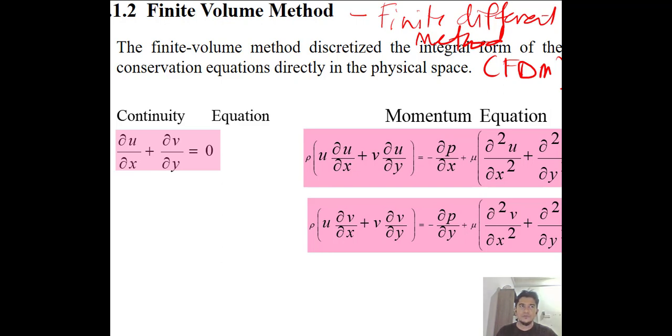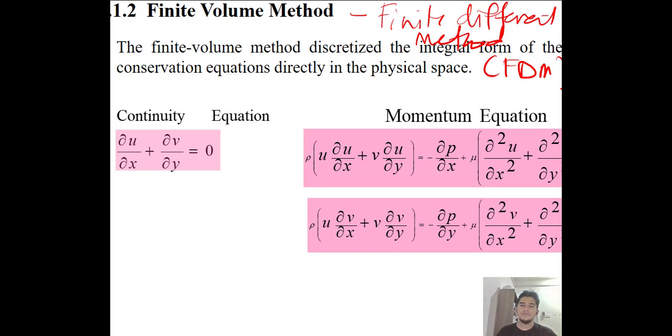Then we used mathematical methods, Jacobi and Gaussian, to solve the algebraic equations. We discussed two examples in the lecture. So that's the finite difference method subchapter.